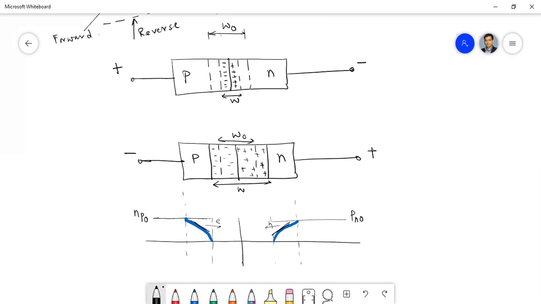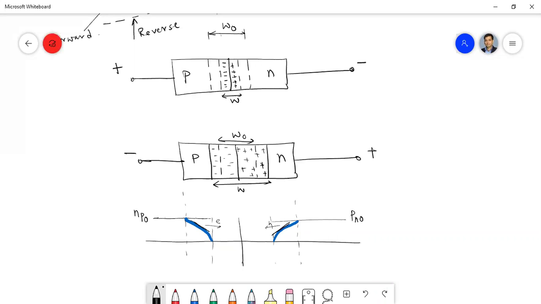Now what happens? Can you tell me what happens? There is already a large electric field present due to this space charge region.